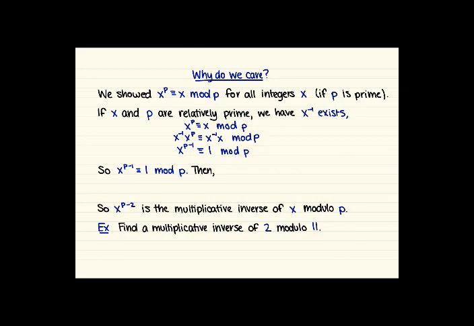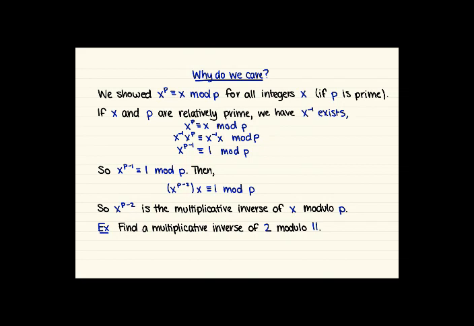So this is starting to look kind of interesting, that we've got some power that no matter what x we're raising to that power, we're getting 1. And then what we can use this for is, we've got x to the p minus 1 congruent to 1 mod p. If we split off an x from that, we've got x to the p minus 2 times x is congruent to 1 mod p.